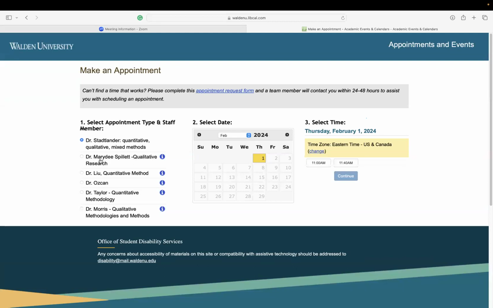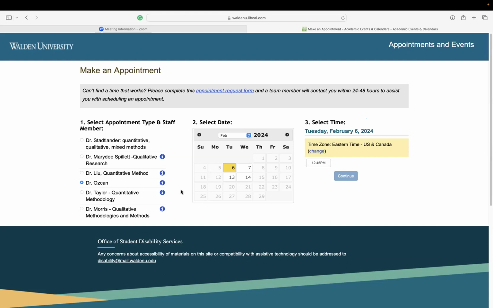Click on the person's name, see the open appointments, and schedule one. We work with you through your research design alignment, making sure your gap, problem, purpose, research questions, and analysis are all well aligned, and that you have the foundation for a feasible and doable study, so that there are no egregious errors in the very beginning that would send you back to the drawing board.